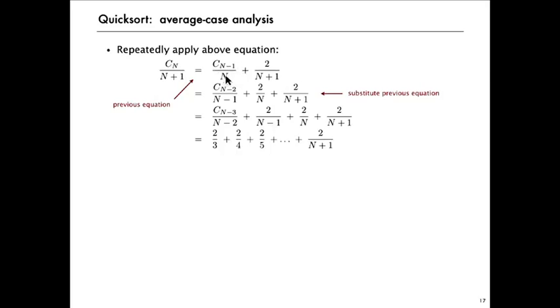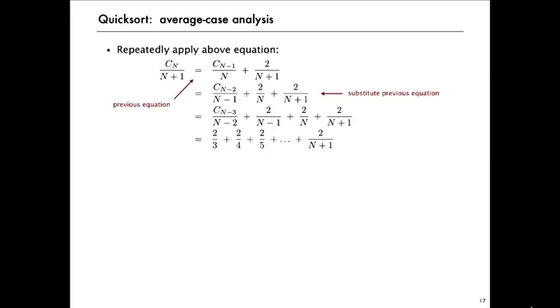The first term at the right is the same as the term on the left, so we can apply the same equation. So it was 2 over n plus 1. We apply for n minus 1. We get 1 less here, and we throw out a 2 over n. And continue that way, throwing out 2 over decreasing numbers all the way down till we get down to 2 elements, or C1, which is 0.